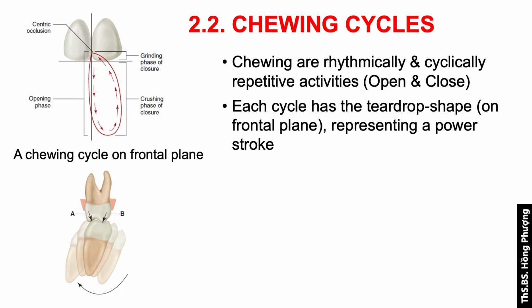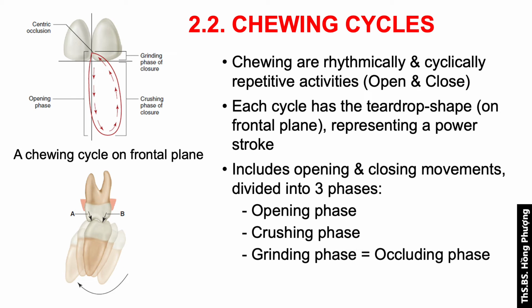Its cycle has a teardrop shape, as you see in the figure, on the frontal plane and represents a power stroke. It includes opening and closing movements divided into three phases: the opening phase, crushing phase, and grinding phase, also called the occluding phase.